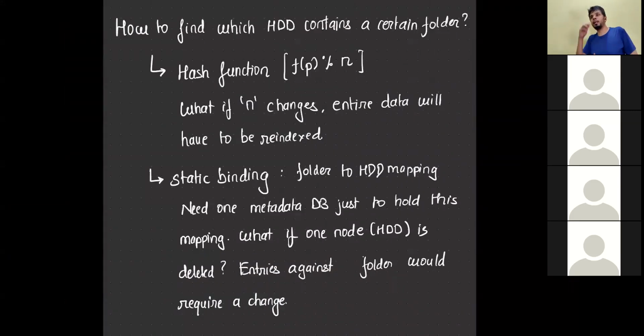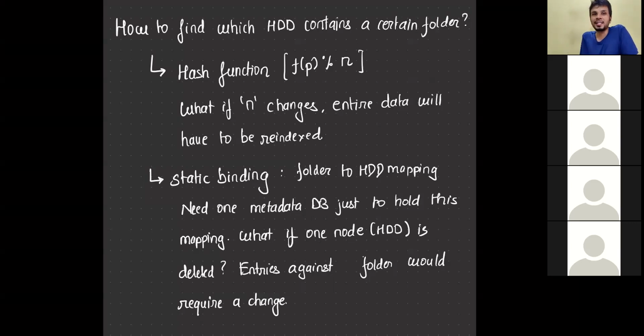Now, what comes at that interfacing layer? That interfacing layer needs to find which hard disk contains which folder. So the most basic solution that would come to anyone's mind, because we have learned so many things about math functions and load balancers, is to have a hash function. Do a function of p mod n, where p is the path. So function at path mod n, it could do that.